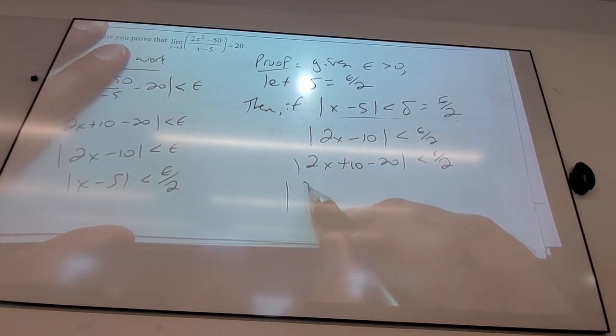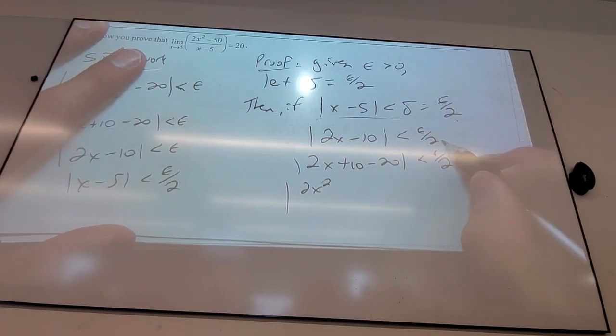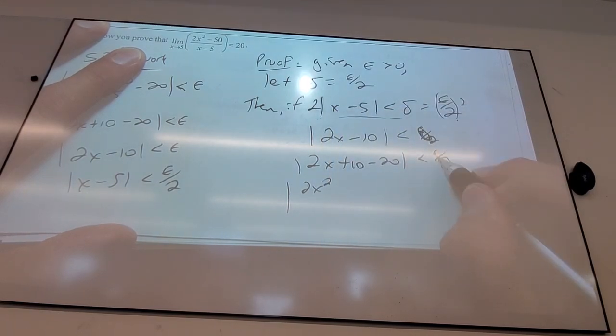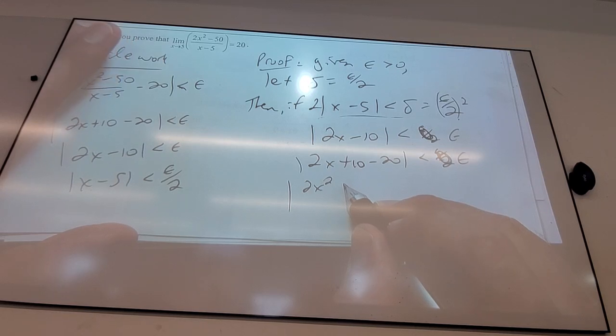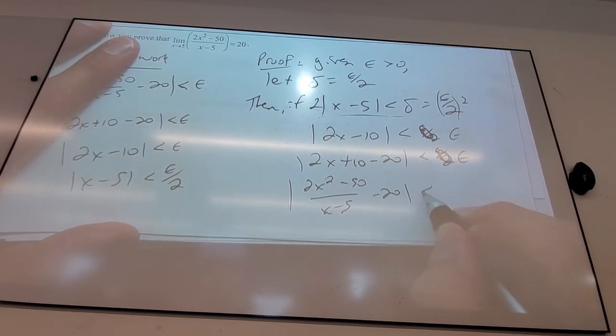So if I multiply both sides by 2, there we go. So this should just be epsilon. |(2x squared minus 50) over (x minus 5) minus 20| < epsilon.